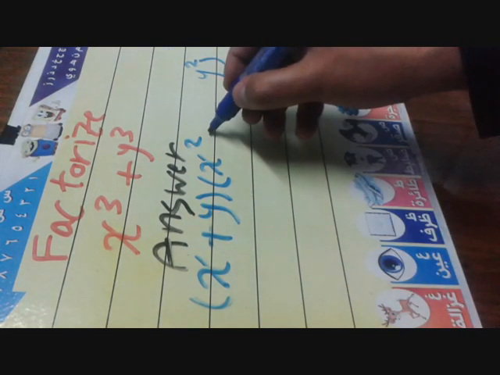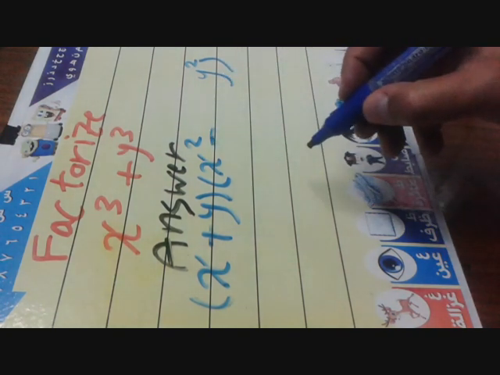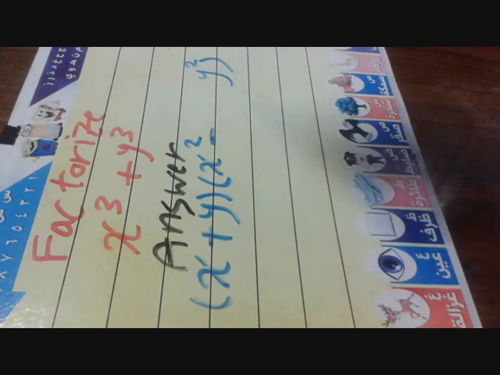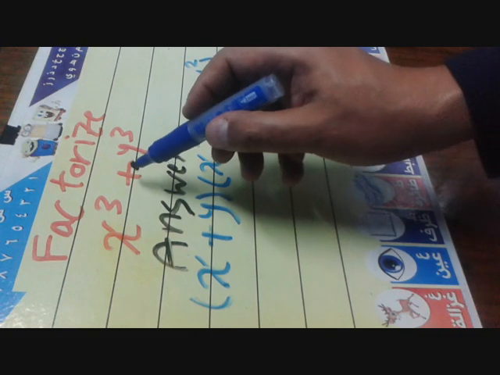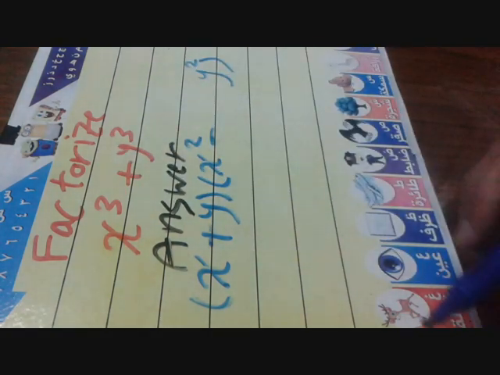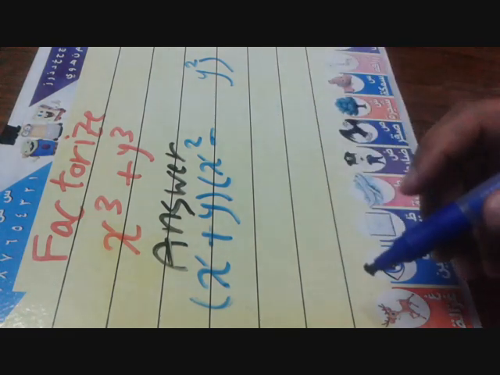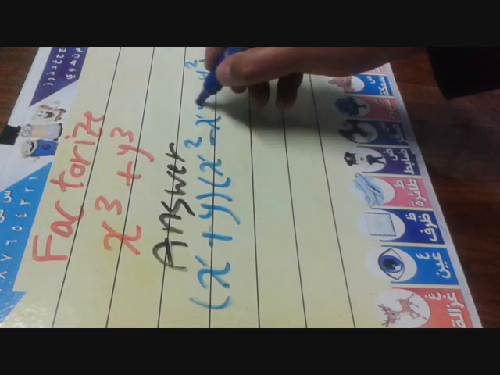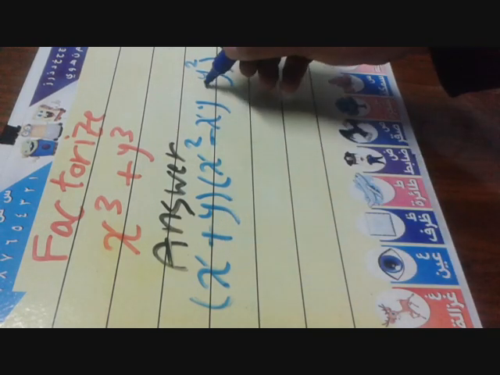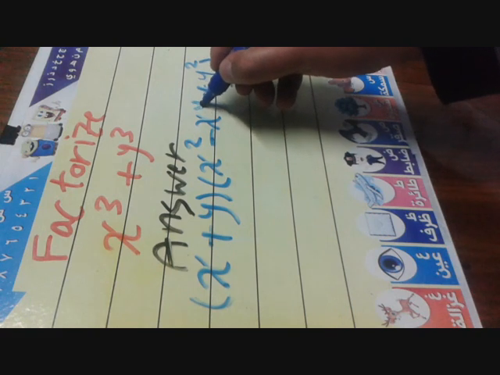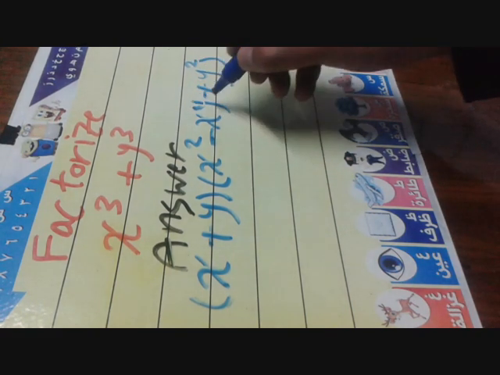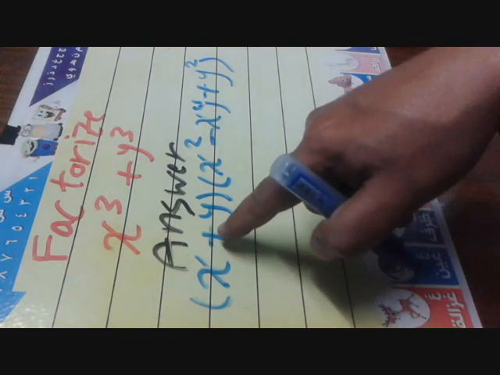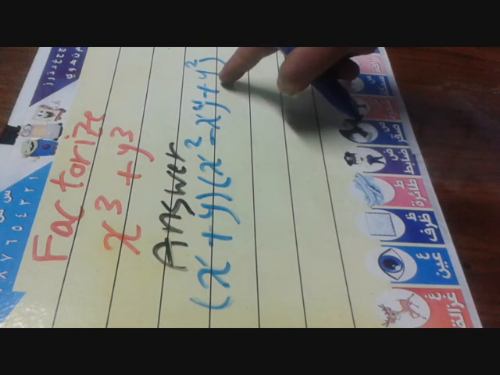This positive, put negative here. It is a different idea. It isn't a complete square. It is the sum of two cubes. xy, this positive, put positive here.